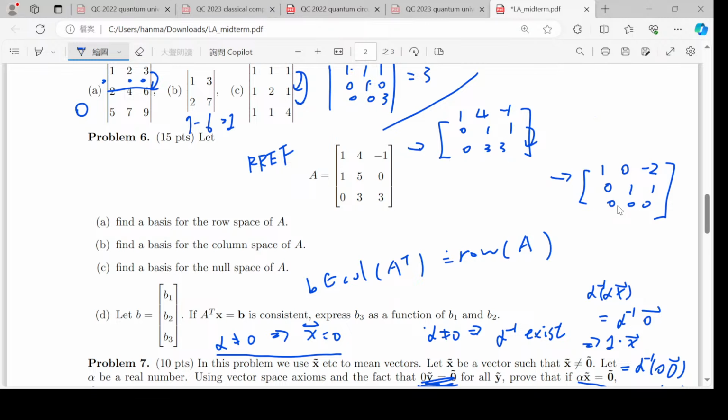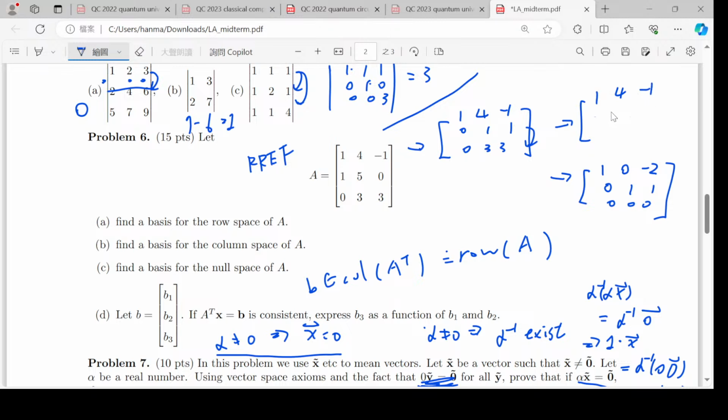So this is another rank-deficient matrix. You only have rank 2, because you have the extra 0 row here. So this is REF. Wait, sorry, I subtracted here, so I need this thing.